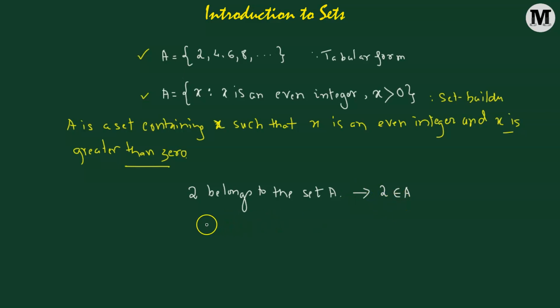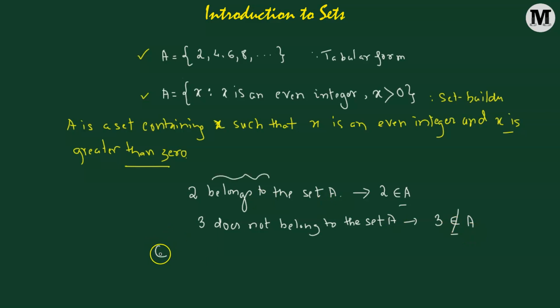This is how we can represent the statement 2 belongs to the set A in a more compact form. Now, if we pick up, let's say, the number 3, 3 does not belong to the set A. How do you represent it? All we have to do is write 3, then the symbol which looks like an epsilon, and we cut the symbol to represent that it does not belong to the set A. You can see that this is a much faster and more compact way of writing the same statement in mathematical form.